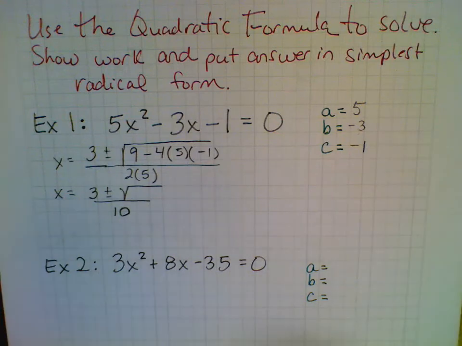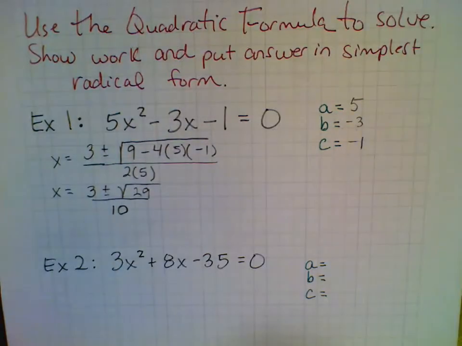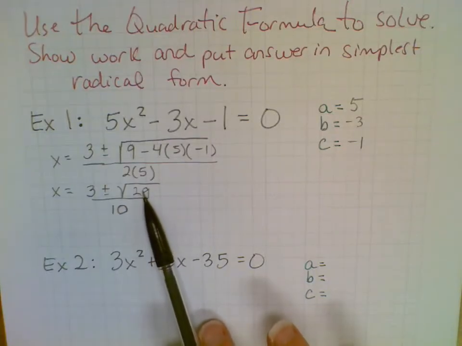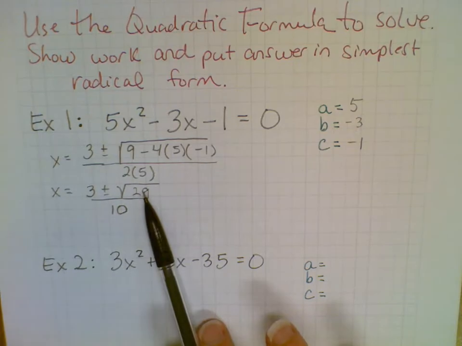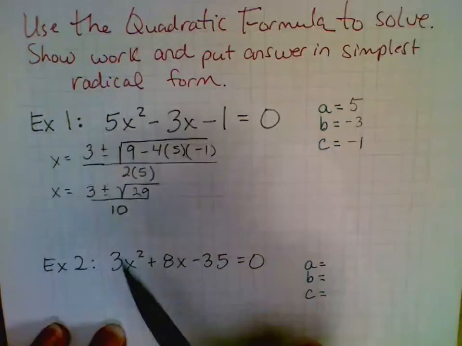I get 29. I kind of started us with an easy one because once you get to there, there is nothing more you can do with the square root of 29. I mean, we've been reviewing radicals, and there's no way to break that down, so this is going to be my answer.